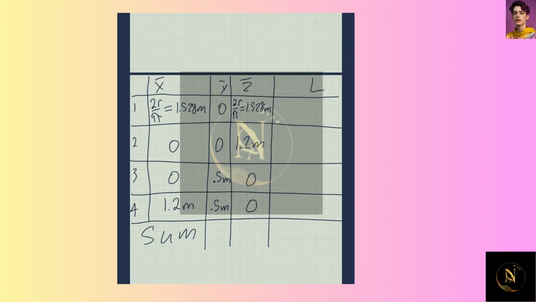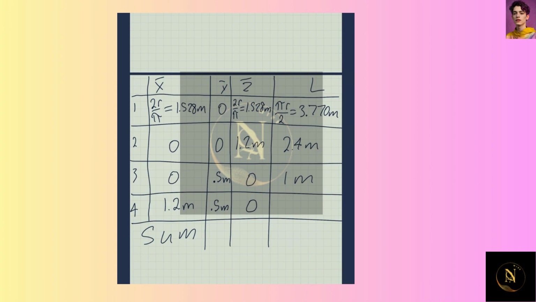Now we're also going to need the length of each component as well as the sum of the lengths. And so the length of a quarter circle is pi r over 2, which is equal to 3.770 meters.